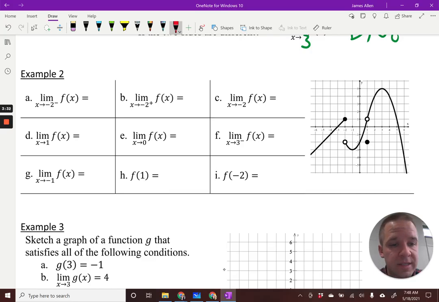So from the left-hand side, looking at this stretch here, what am I approaching? I'm approaching +1. And that's from the left. Now, from the right, which is the next question, the limit of f of x as x approaches -2 from the right, that's what that little positive means. I'm on the right-hand side of -2, and I am approaching -2.